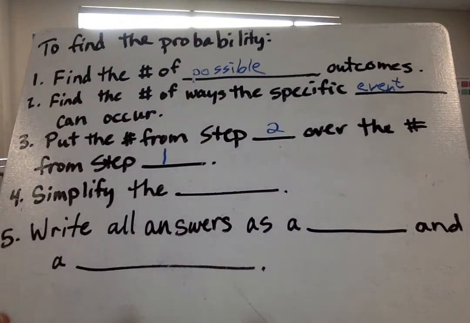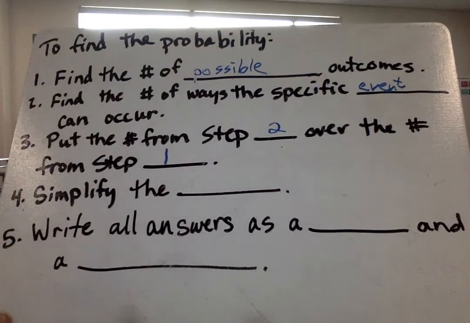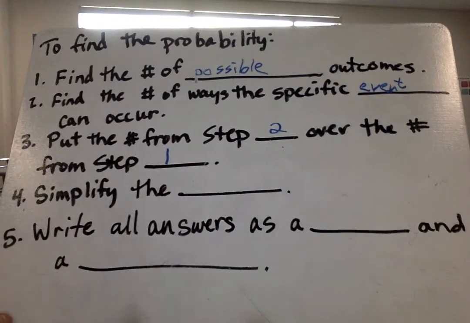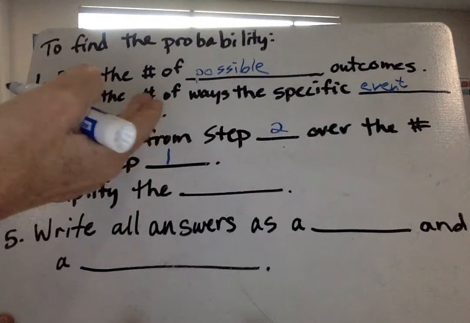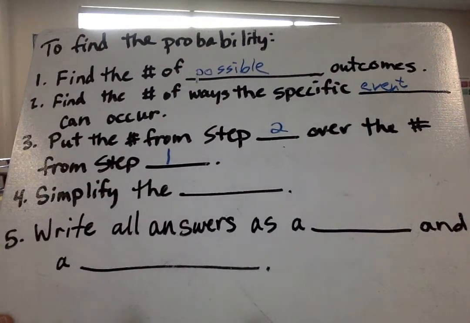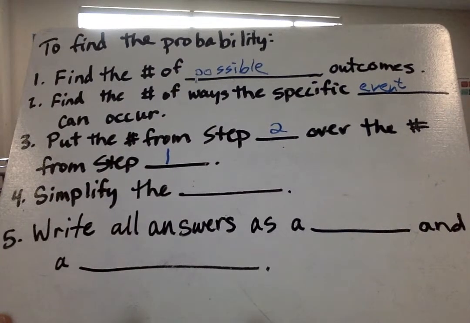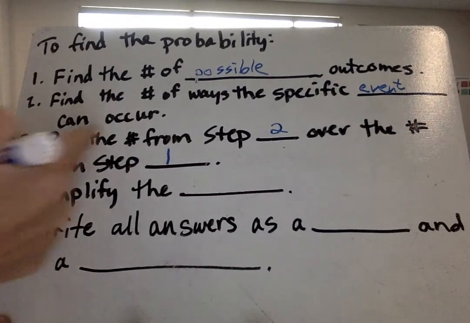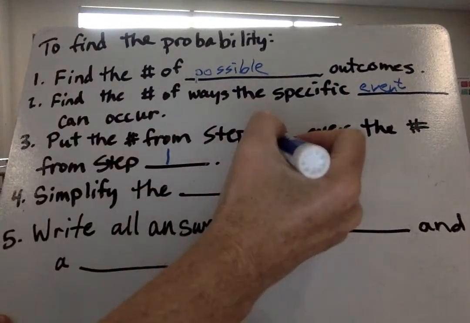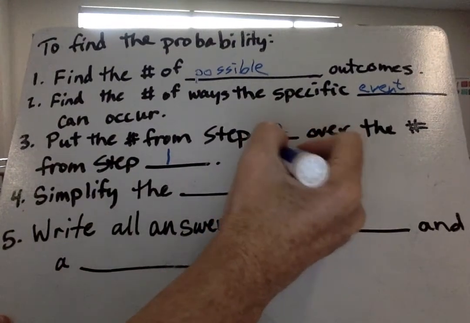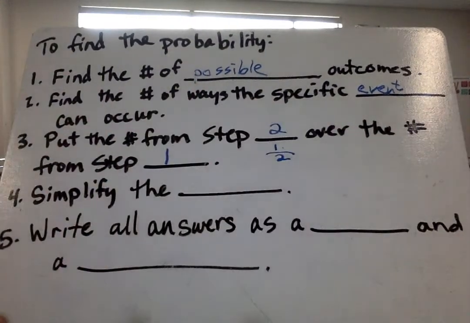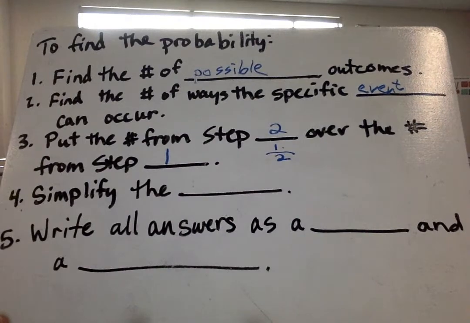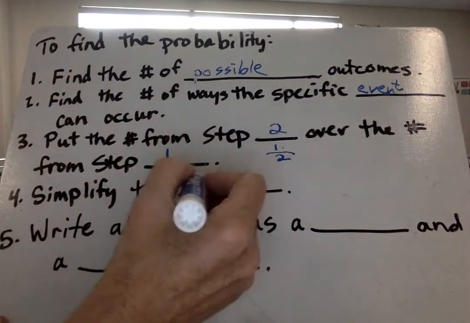Like if you're flipping a coin, find the number of possible outcomes. It's got 2. Find the number of ways the specific event can occur. Say 1 way you can get heads. So you would put the number from step 2, 1 head, unless it's a 2-headed coin, out of 2 possible outcomes. Simplify the fraction.